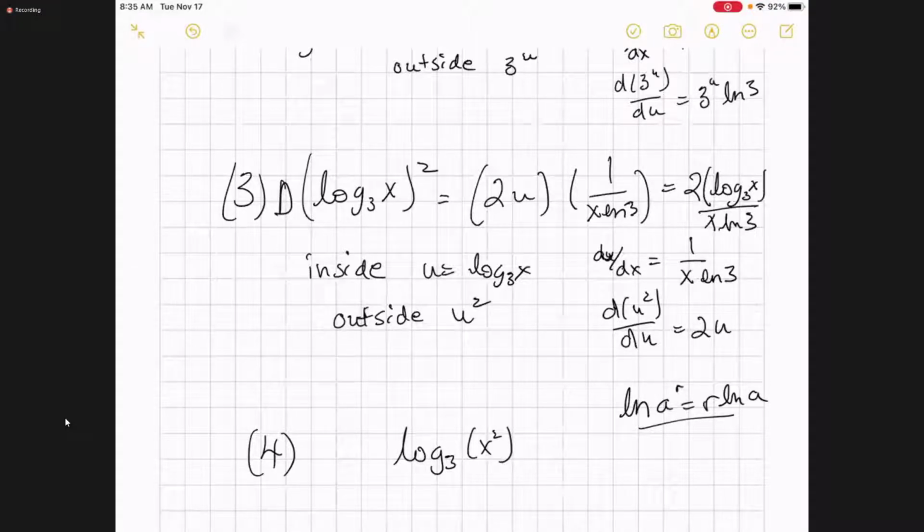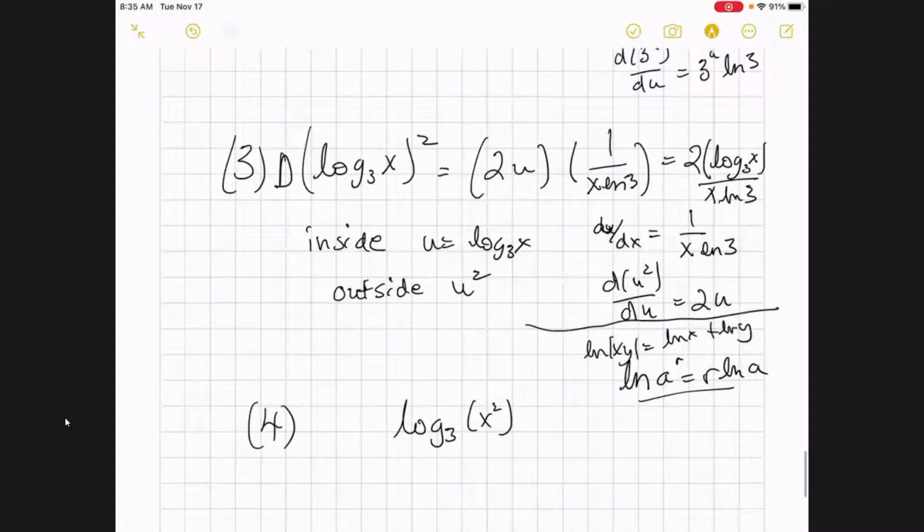In fact, that's what makes it a logarithm function. That and the ln of x times y is ln of x plus ln of y. So this is also equal to, this 2 I can bring down, okay? So that's 2 log base 3 of x.